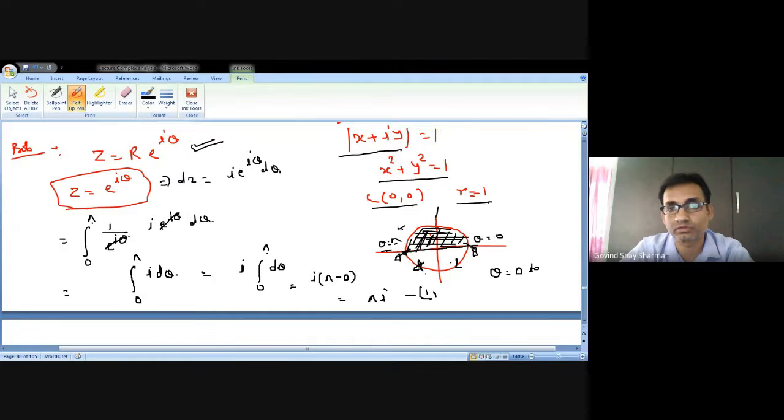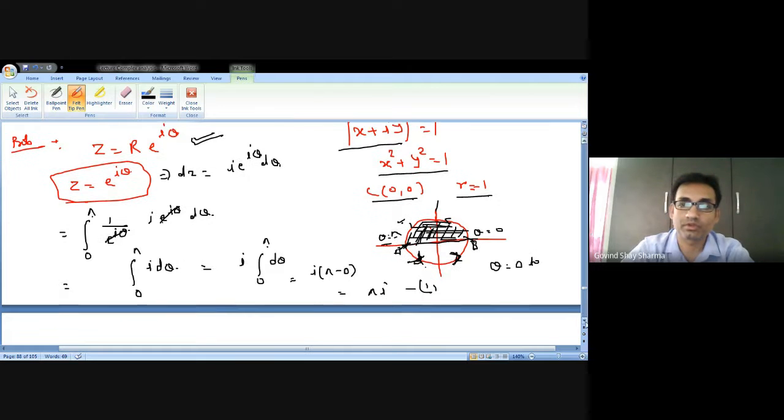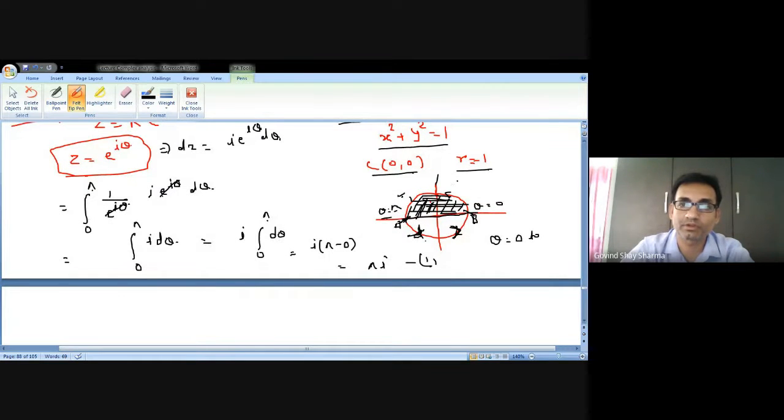This is C1. Now we take the path from pi to 0.